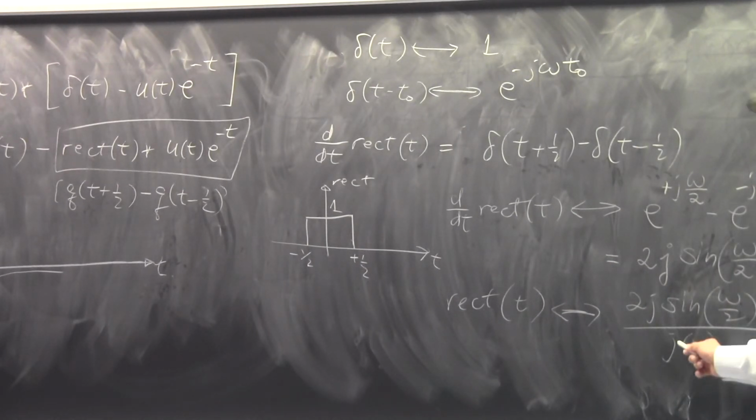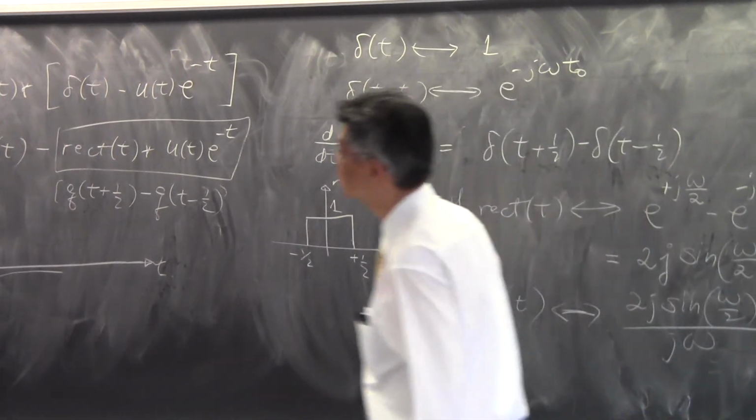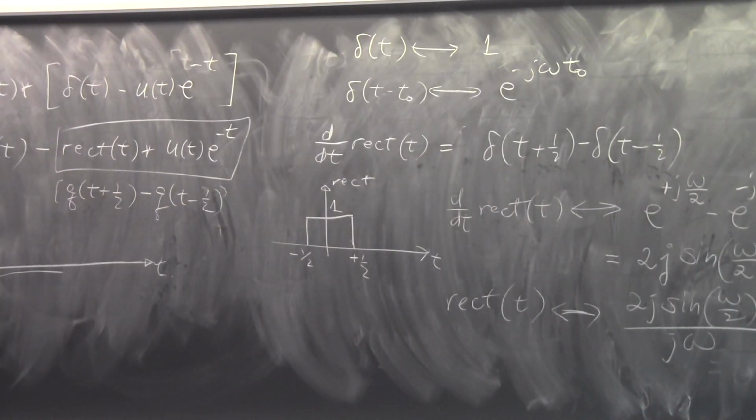So the j cancels. So you have 2 sine of omega over 2 divided by omega. And this 2 can be put down here. So this is sinc of omega over 2, which is what you have over here. Okay, just another way of deriving this identity.